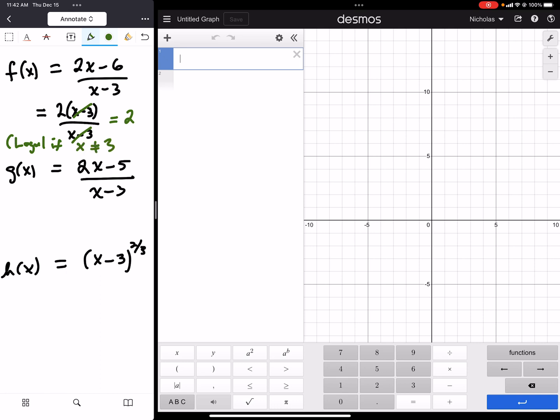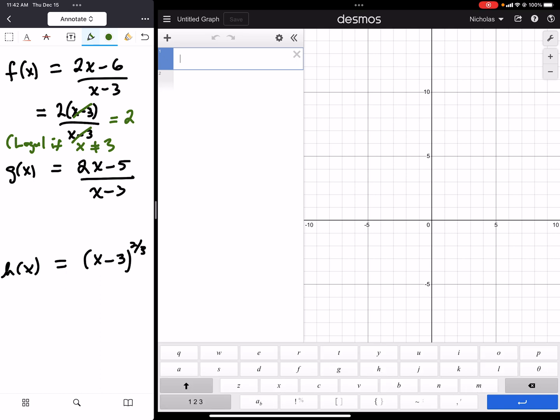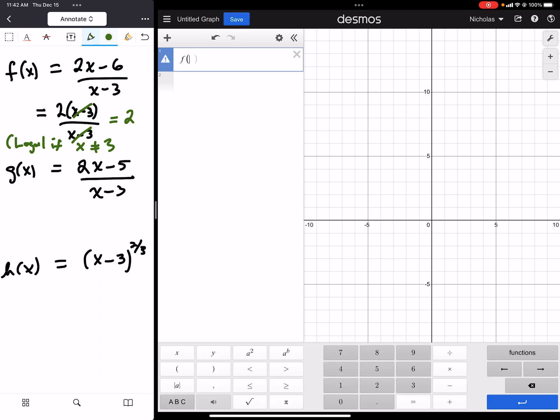So what does that mean for the graph of this function? Well, if I were to graph f of x equals (2x minus 6) divided by (x minus 3), I would see a line at y equals 2, except at one point.